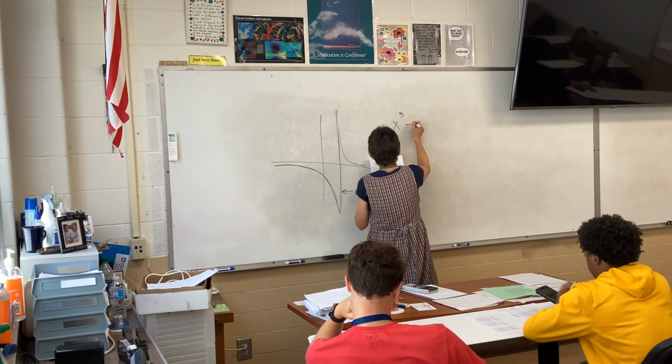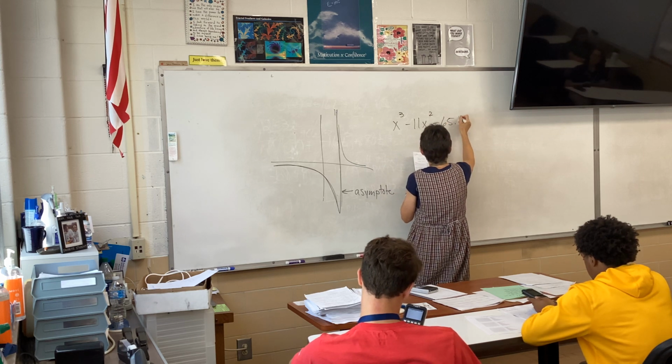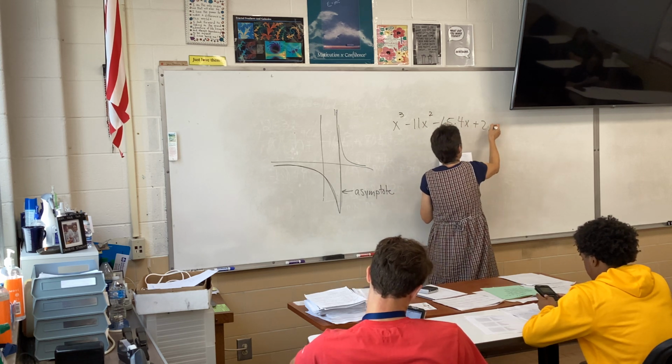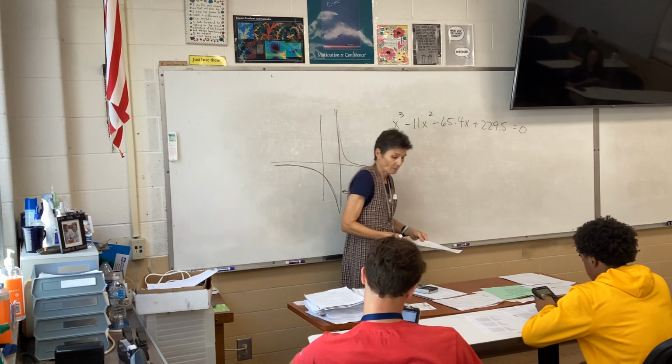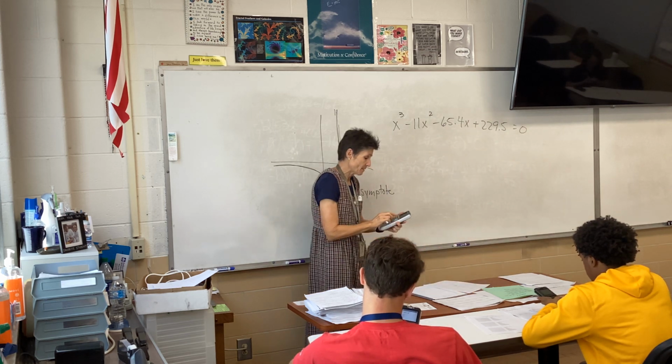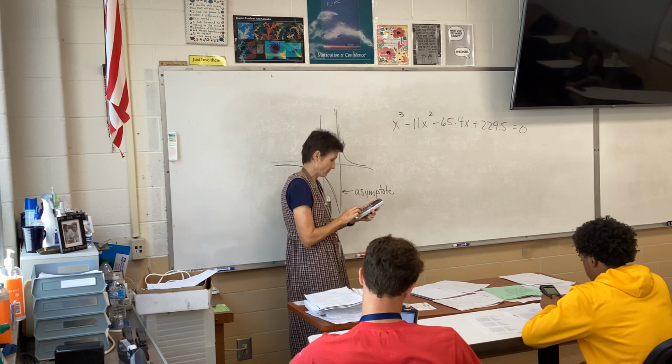All right, let's sketch this one. And we want to find the zeros. So we got some kind of wild equation here, and we want to solve it. We want to find the x-intercepts. We may have to do a window adjustment, I'm not sure.